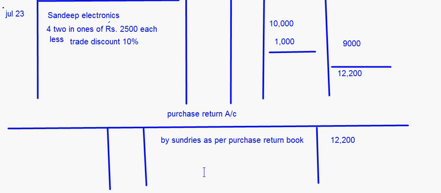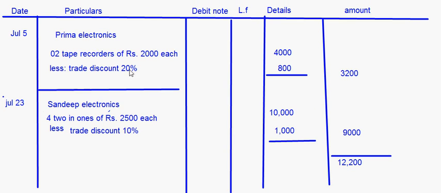And for the individual parties like Prima Electronics and Sandeep Electronics, it will come on the debit side, like 'To purchase returns account' in their account. So in Prima Electronics account you will have 'To purchase returns, 3,200'. In Sandeep Electronics you will have 'To purchase returns, 9,000'.